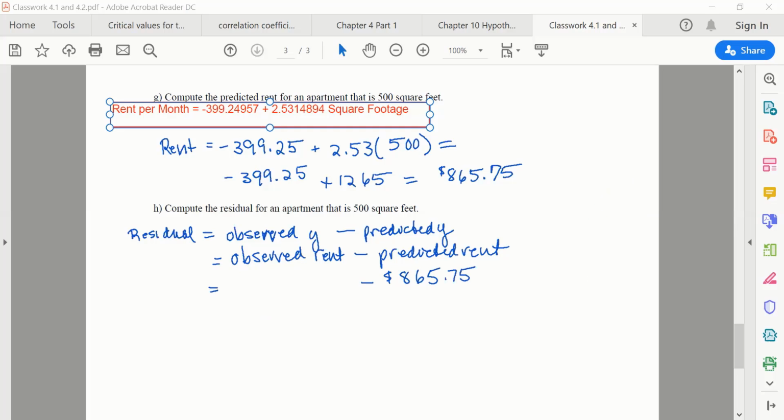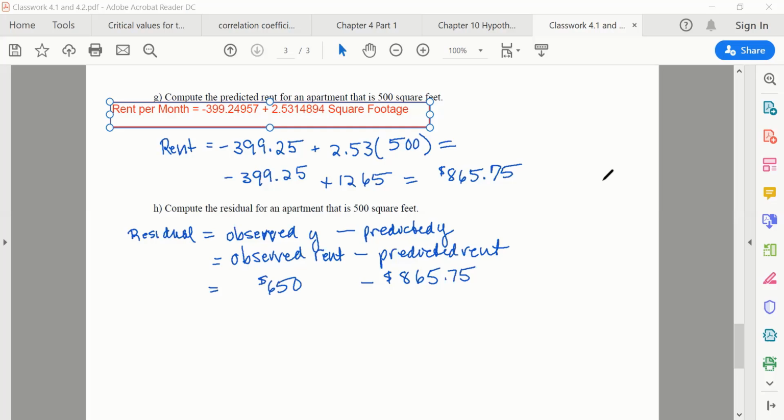I'm afraid this is going to disappear when I go look at StatCrunch to see the real rent. Let me just grab it in here. I have it written down. So the actual rent, if you go back to the table and look at the Y value, I'll show you where it is: $650.